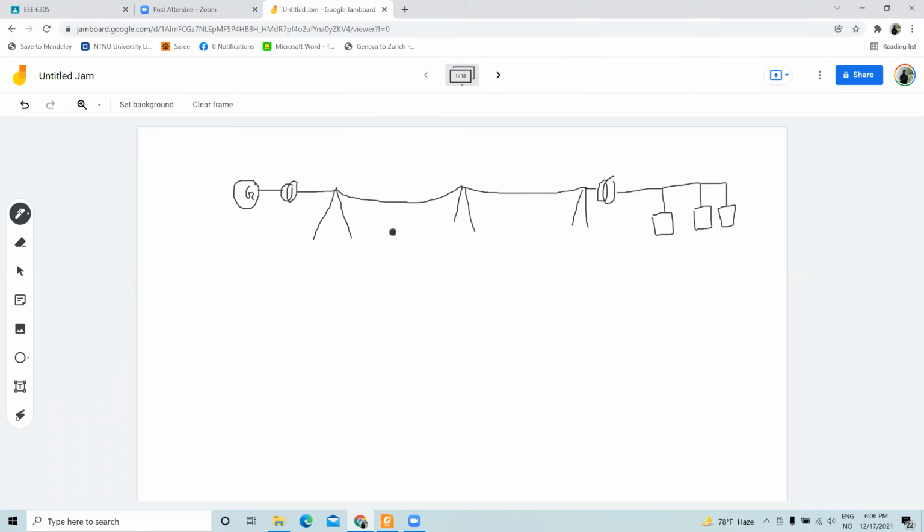And we can model these different components, like the transformers. The transformers can be modeled like an inductor and a resistance. Can you recall these things from your machine course maybe? The transformer is modeled somewhat like this, right? And also in the secondary, you have resistance and inductance.